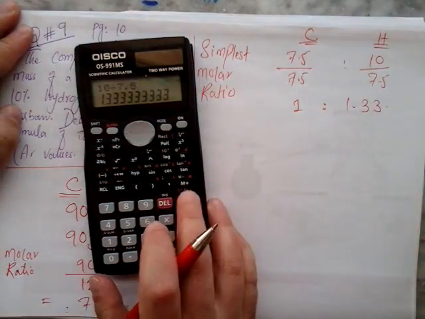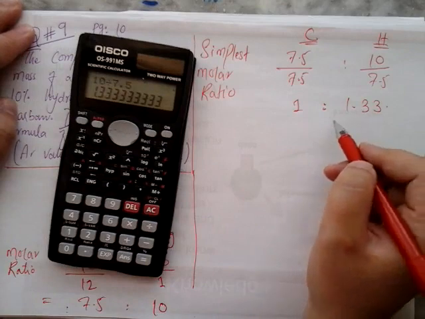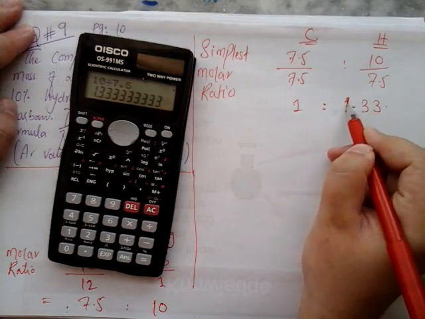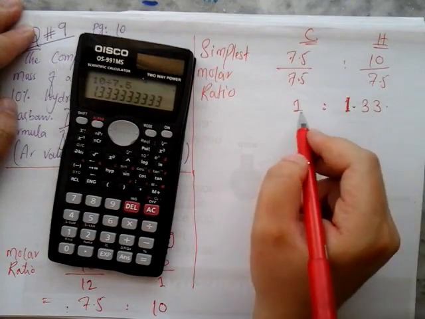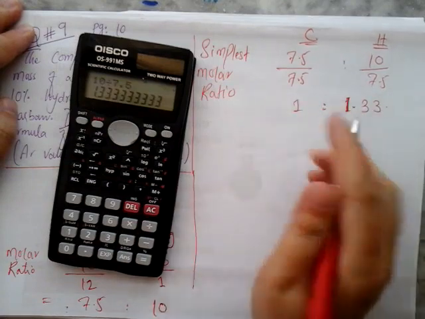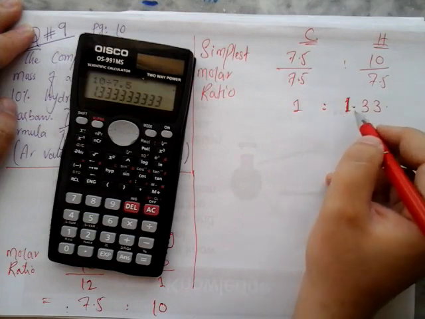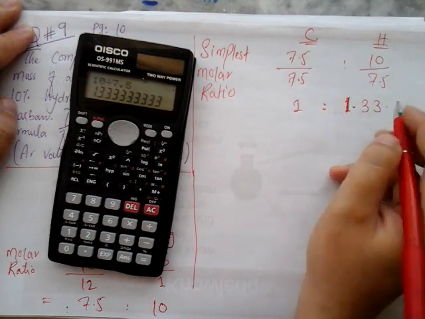Okay, so in the simplest molar ratio, again it is a decimal, it is not a whole number. In order to convert them into a whole number ratio, we have to remove the point. We have to convert the decimal number into a whole number.